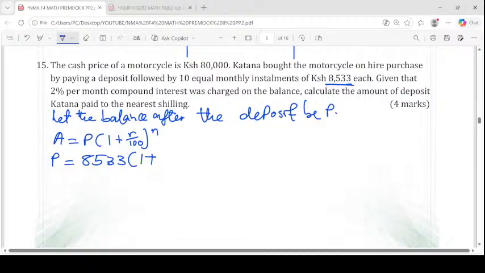Our rate here becomes 2% per month, so that will be 2 over 100, to the power of n, which is 10 months. Is it making sense? It should make some sense.